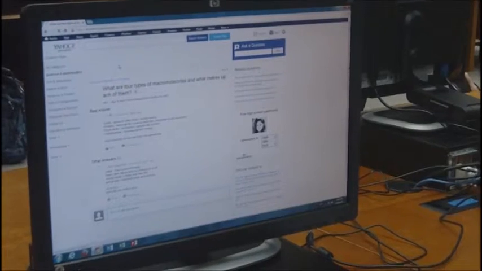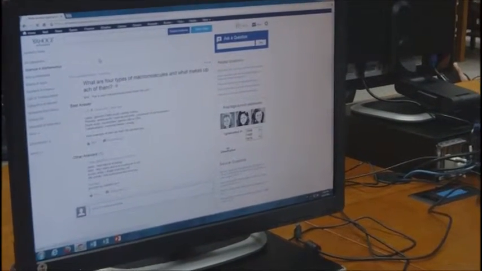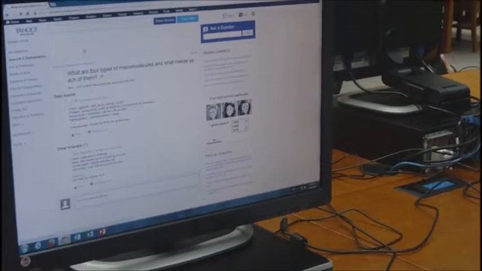Good, so she found a site that says what are 4 types of macromolecules and what makes up each of them.